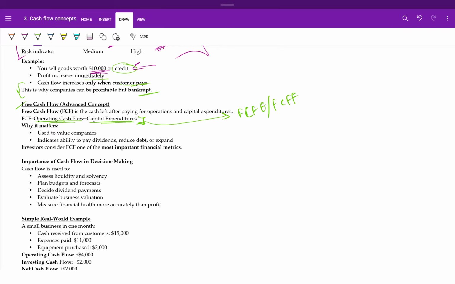So cash flow from operations, why does it matter and what is it used for? When we subtract capital expenditure, this is actually used when we are valuing a company, paying dividends, deciding whether we should pay our debt or raise more debt, or whether we should expand our business or contract.